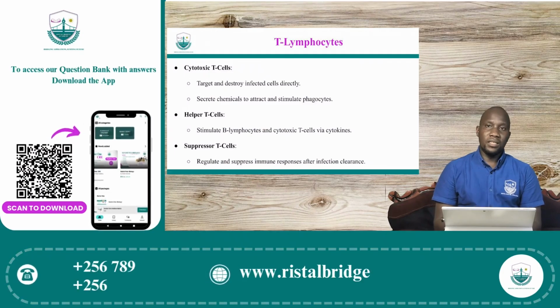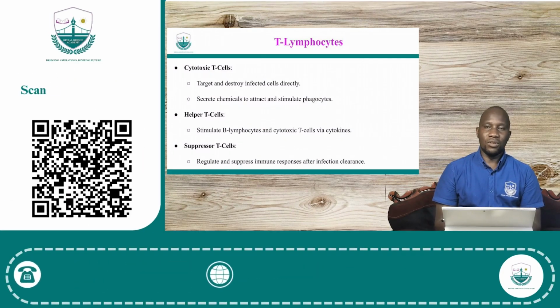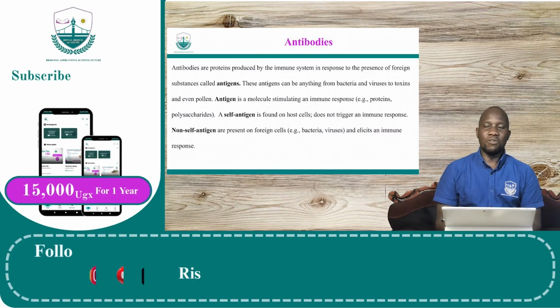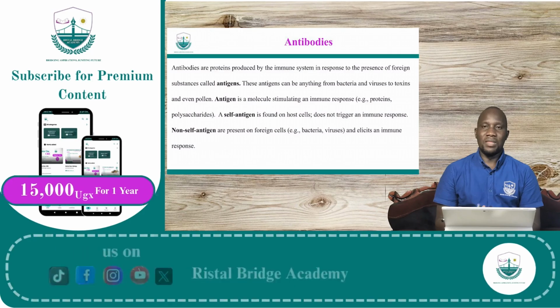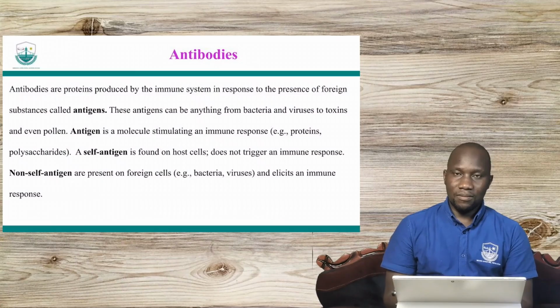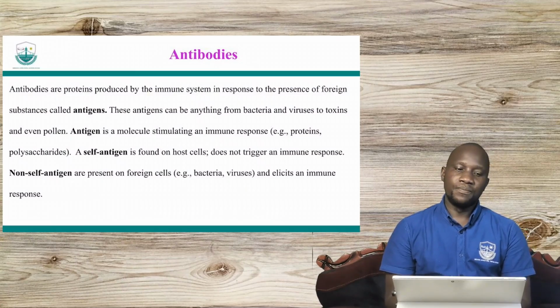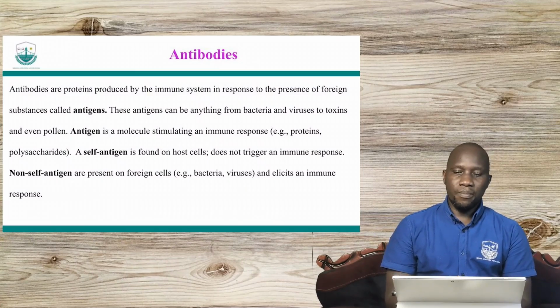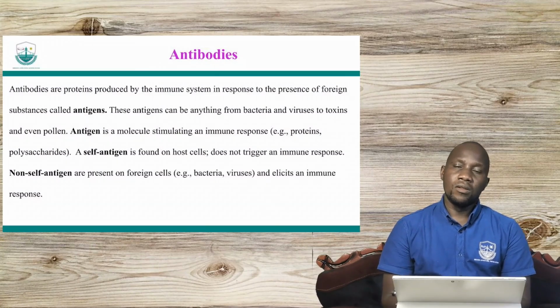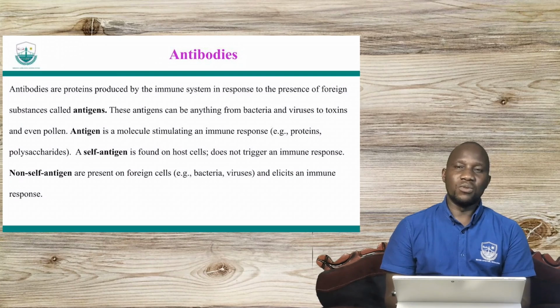So we said that the B cells produce antibodies. So what are these antibodies? In chemicals of life, you already know that antibodies are made from proteins. Okay, you still remember that. They are produced in response to the presence of antigen.